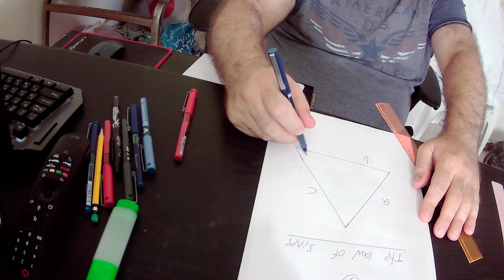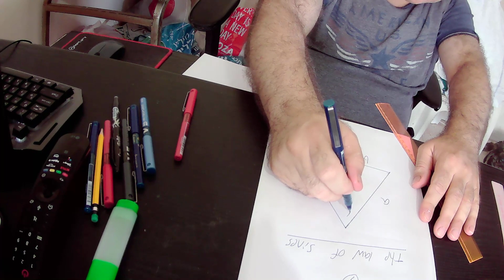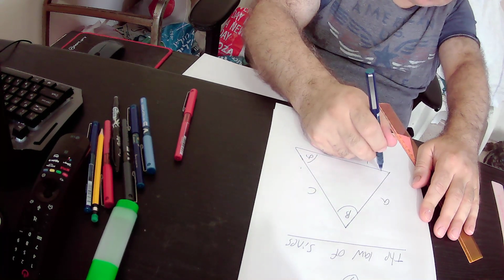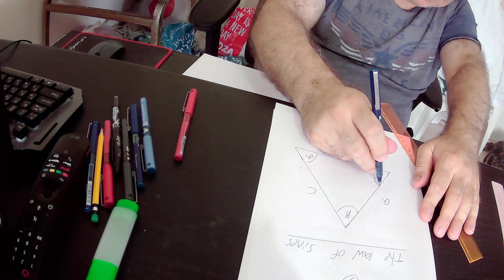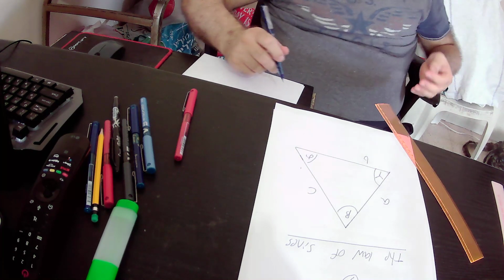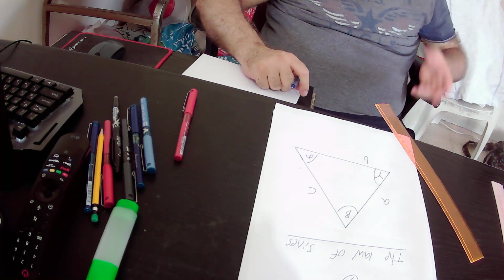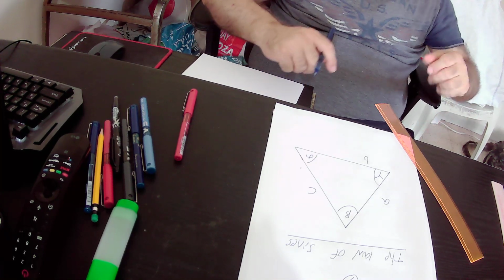This angle is angle alpha, this angle is angle beta, and this angle is angle gamma. Then the following relationship exists between the sides of this triangle and its angles.